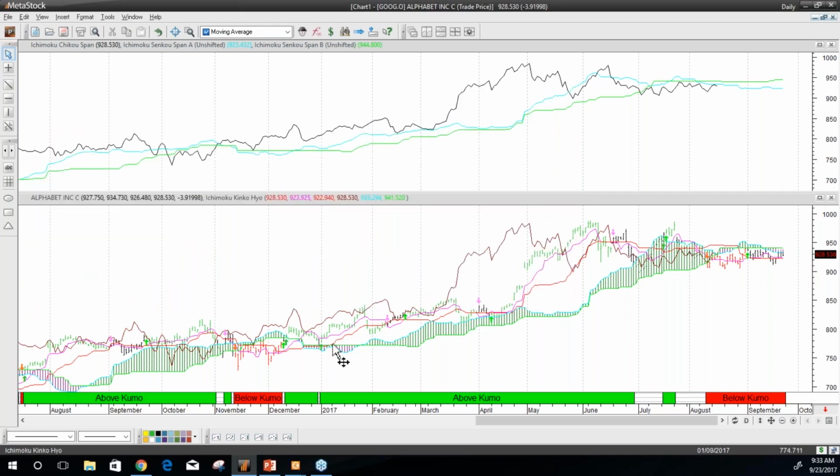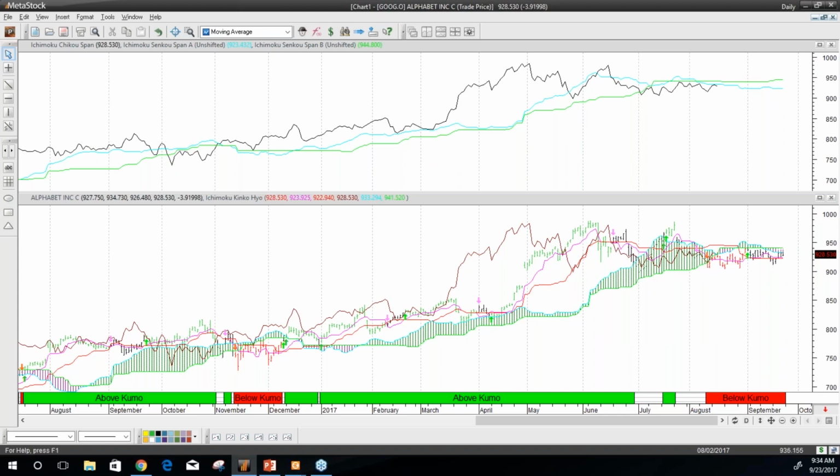And the idea is that as you see expansions in things like the cloud and the price moving away, your exits, your stops, are supposed to change. So for example, if you're coming up here, you might want to use the Tenkan-sen as a stop position on a really quick up move. Normally you're going to use the Kijun-sen here as your support and your crossing point.